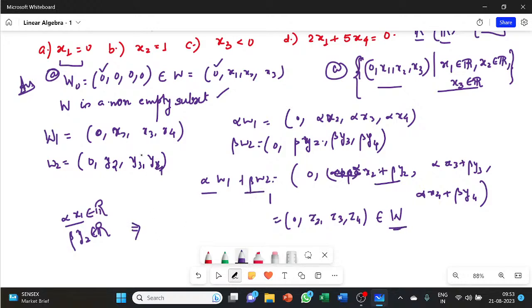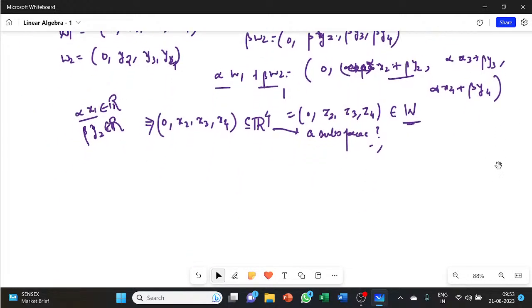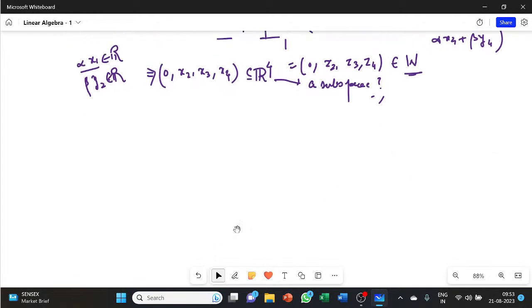It implies that this particular subset of R power 4 is a subspace. Now, what do you think about option number 2? Does it form a subspace?